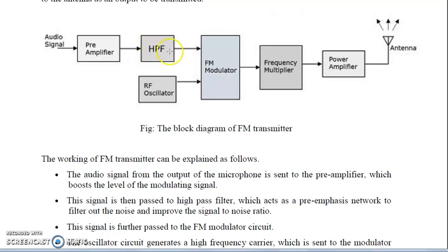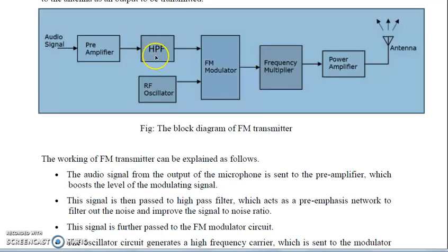Actually this high pass filter is a pre-emphasis network. Pre-emphasis network means whenever the audio signal is coming out from the microphone and passing through the preamplifier, since many other electronic circuits are available, there may be a possibility of some DC signal entering as noise.